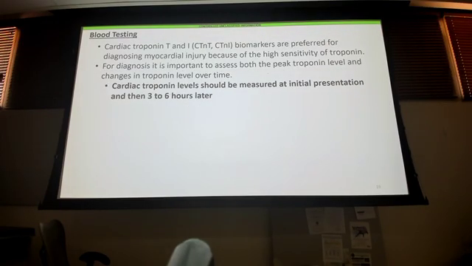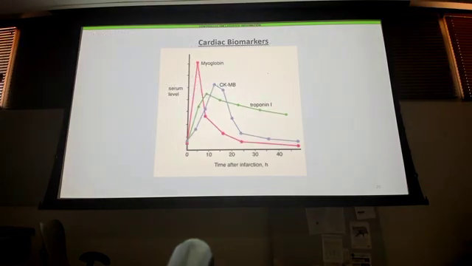So you're going to get your EKG, which we're going to talk about, but your blood tests are going to be important. Troponins, we talked about in our last lecture, are the standard of care, the test that we typically get now, because when we look at how troponins peak and wane, we see that they quickly rise, but then it takes time for them to come back down.